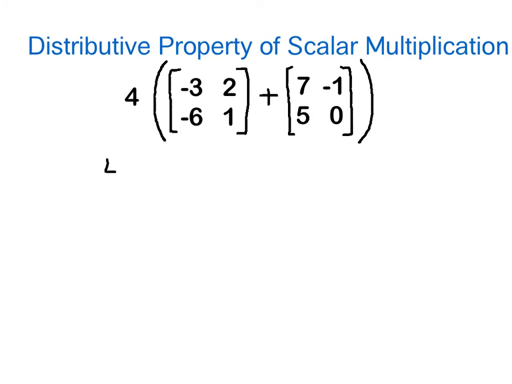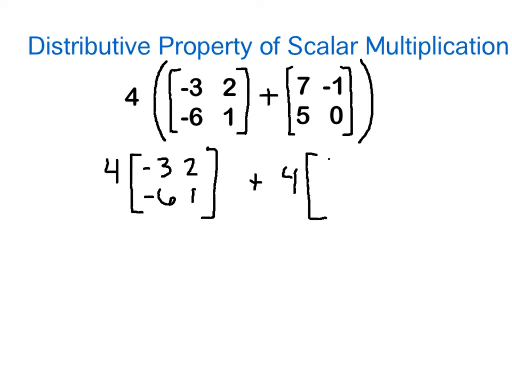So we would get 4 times this first matrix, -3, 2, -6, 1, plus, and distribute the 4 to the second matrix, 4 times 7, -1, 5, 0. So now we need to multiply that 4 through each of these 2 by 2 matrices.